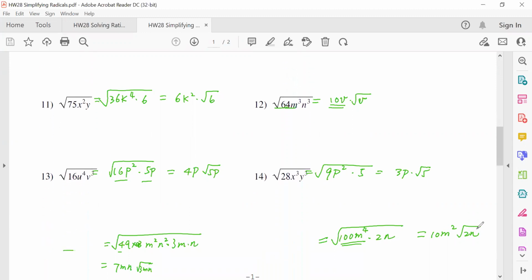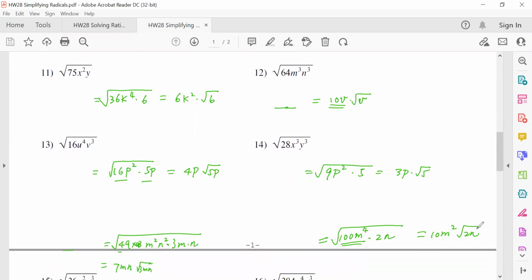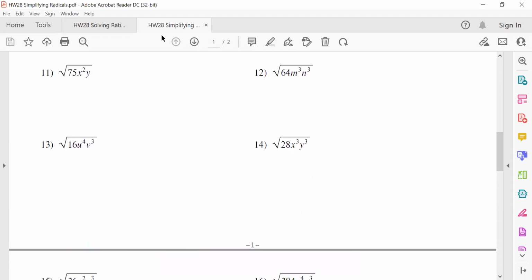Okay. Just check a little bit more. Some like this one. This one, just like we say, we can break it down, factor it. Factor it is 25x squared and rest is 3y, right? So you can get 5x times square root 3y. Like this one.